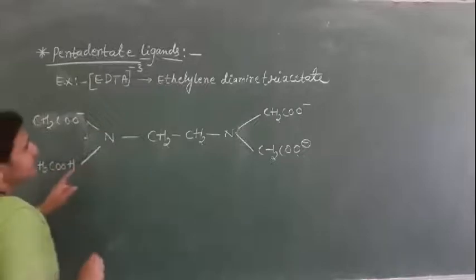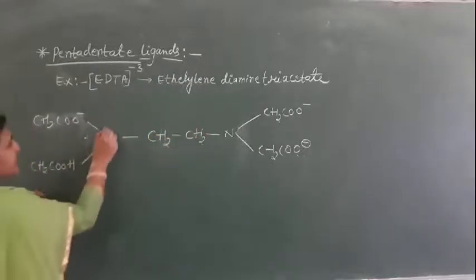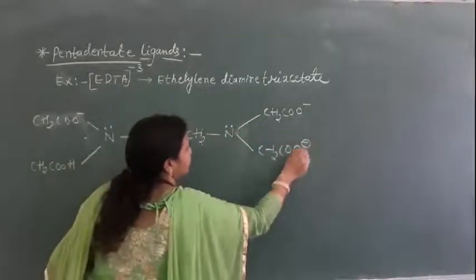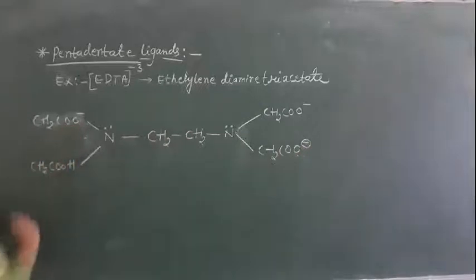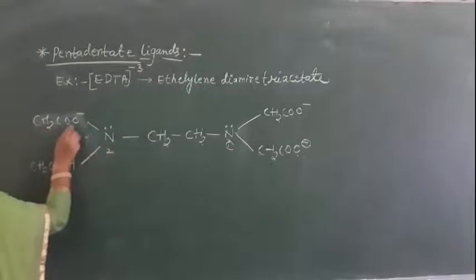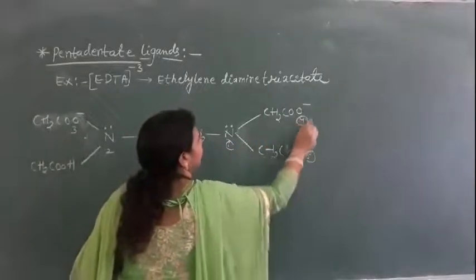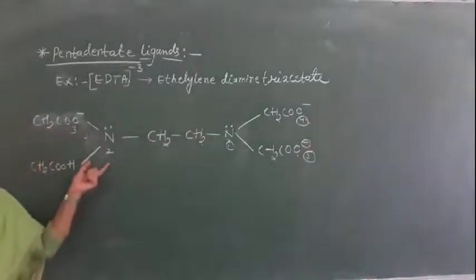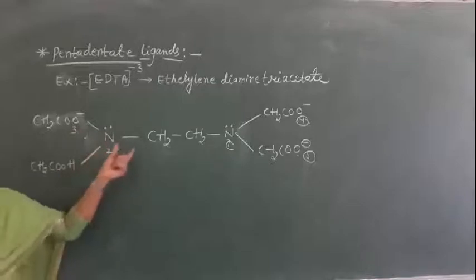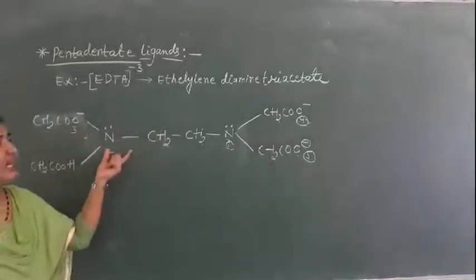Okay. So this is ethylene diamine triacetate ion, and here these 2 nitrogens will donate an electron, and these oxygens with minus charge will donate an electron. So totally how many do we have here? 1, 2, 3, okay, and 4 and 5. So 5 donor atoms are there in this pentadentate ligand, ethylene diamine triacetate ion.